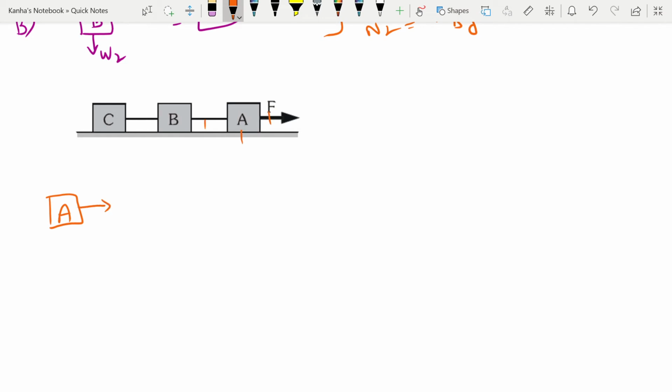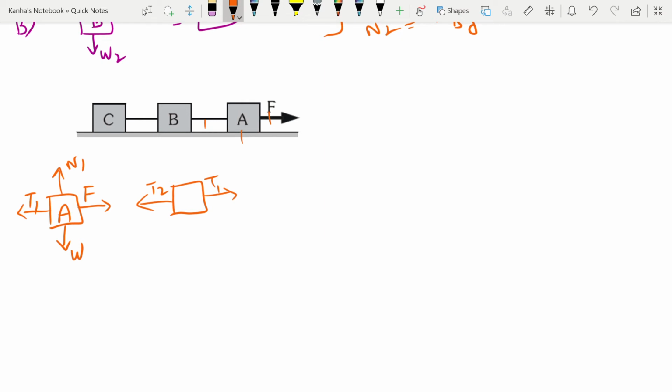So there will be three contact forces, and one non-contact force, gravitational pull. Similarly for B, I have a contact here, a contact here. Let's say this is T1, this is T2. For A, we made this as F, this is some N1, and this is some T1.